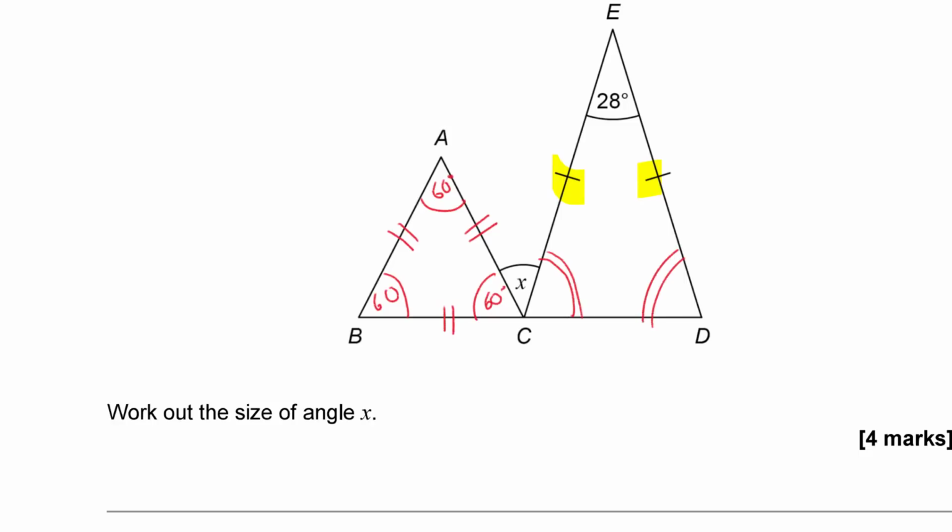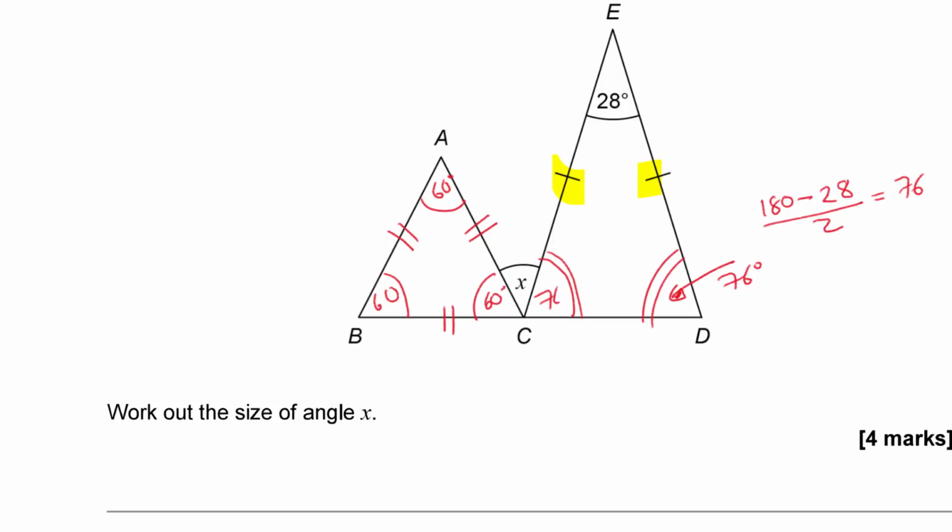Okay, so each one of these angles here is going to be 180 degrees minus the angle at the tip, 28, and then divide by 2, isn't it? Because we're going to have to share it between those 2 angles. So 180 subtract 28 gives me 152, and 152 divided by 2 is 76. Okay, so that angle there is 76.